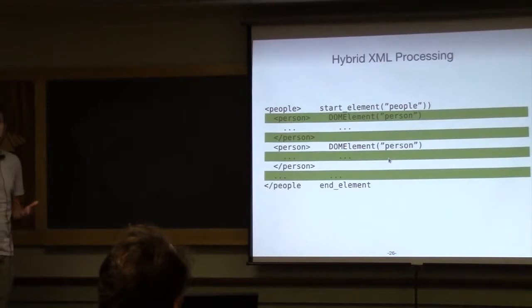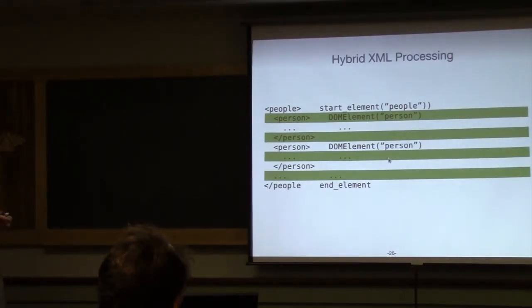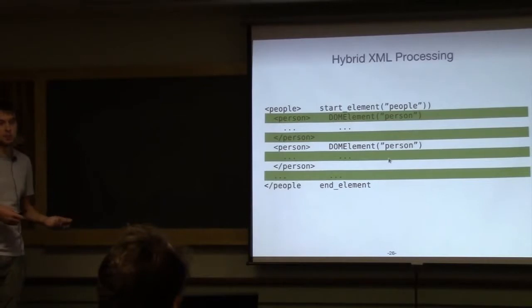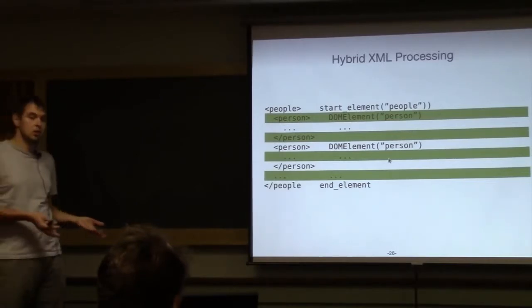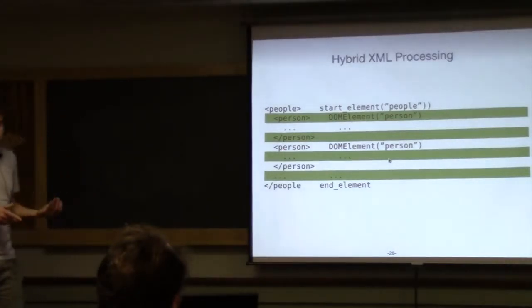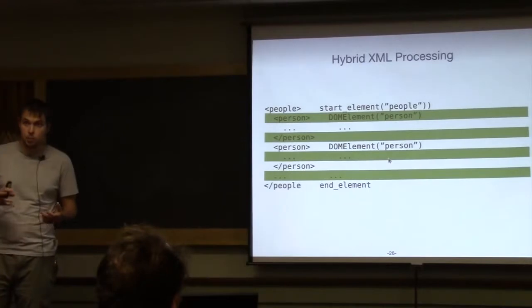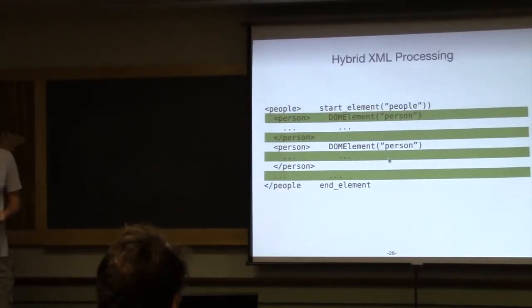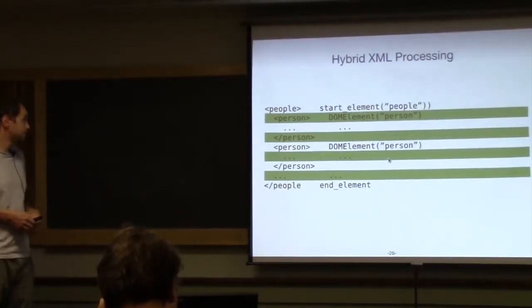The result is a document that is being parsed or serialized in chunks. As an example, let's say we have a people catalog with a large number of person elements that we cannot possibly expect to load all at once into memory. So what we can do is use the streaming model up to the person element depth, at which point we switch to the in-memory model to handle each individual person.